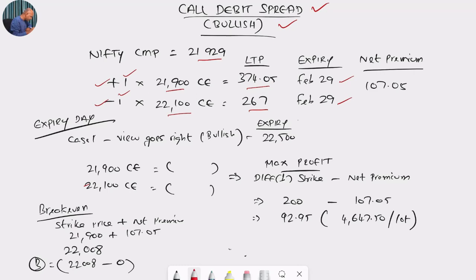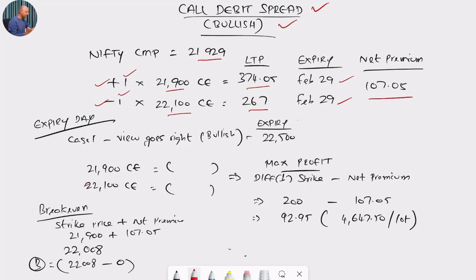If you look at the premiums, buy is premium paid. So we paid 374 rupees as a premium and we collected 267 rupees as a premium when we sold an option. The net premium we paid is 107.05.